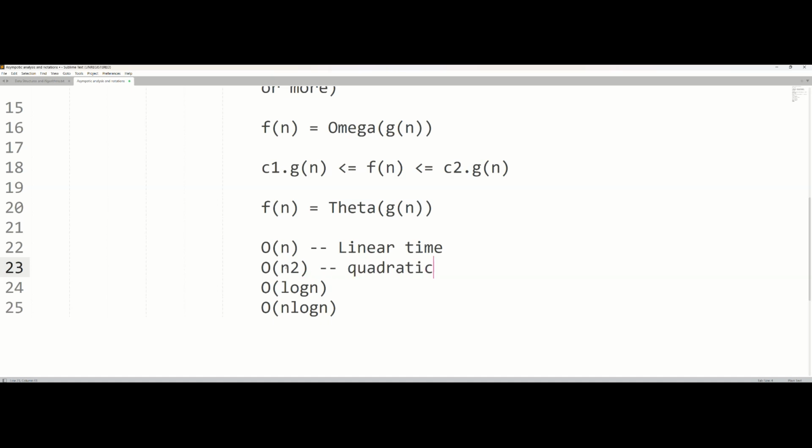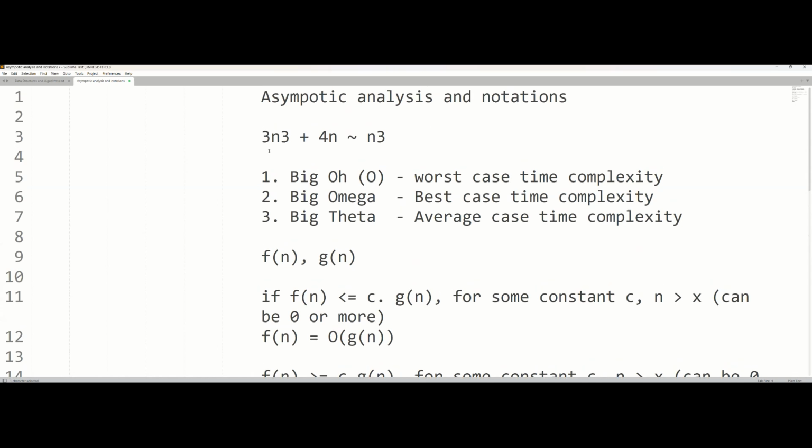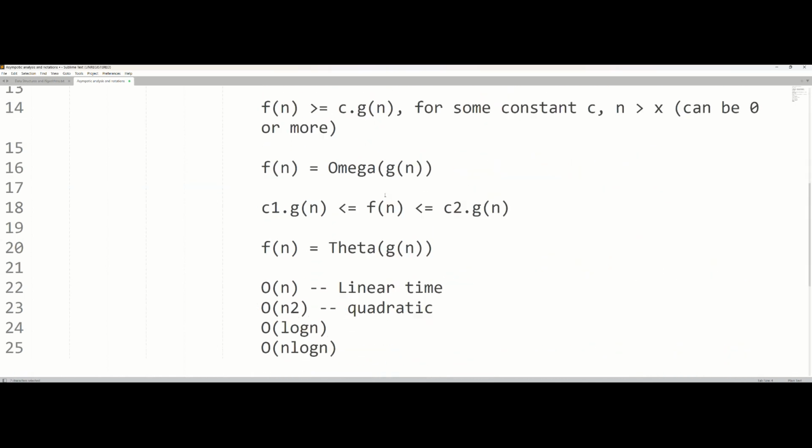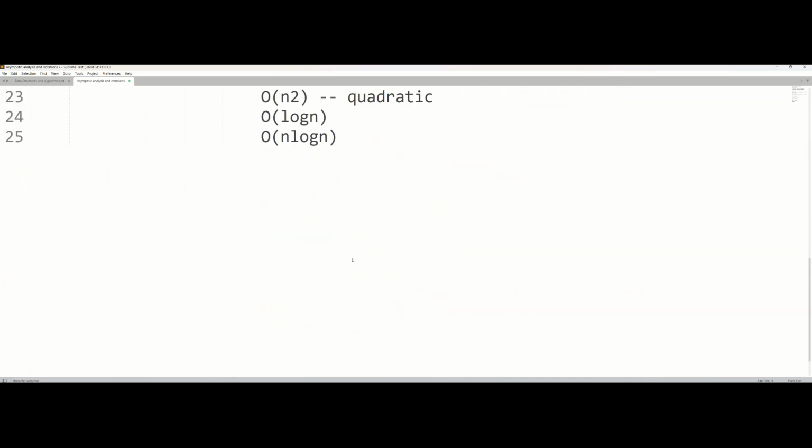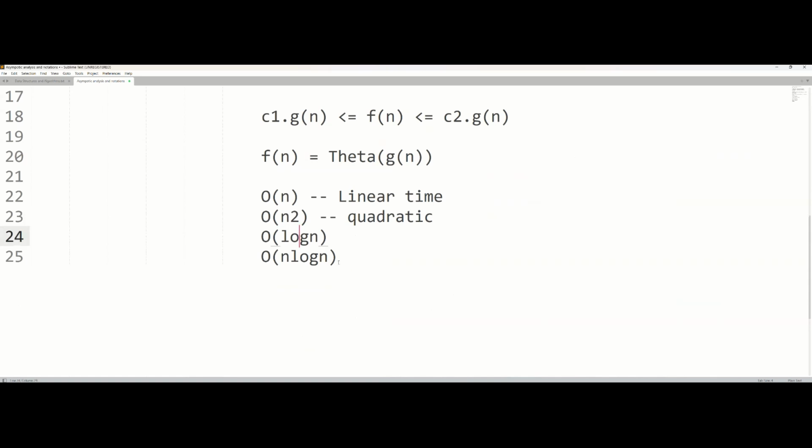So all this derives from the fact that, for example, I did this simplification, and this is how it is usually simplified. n square might also be a function like 3n square plus 4n plus 1 or whatever it is. It roughly translates to n square for very large values of n. That's how it's represented here, and we have more definitions such as exponential representation, which is 2 power n.